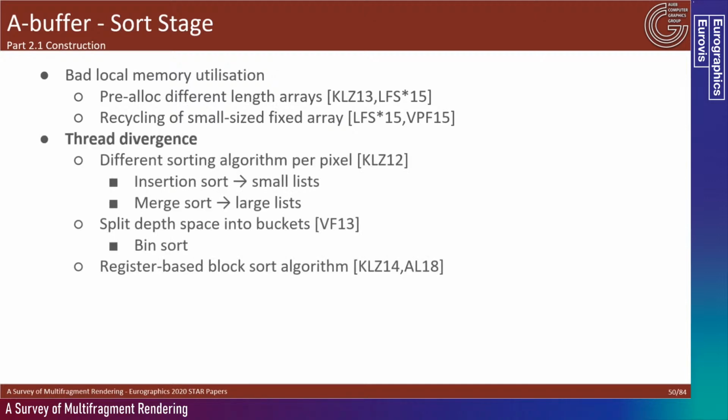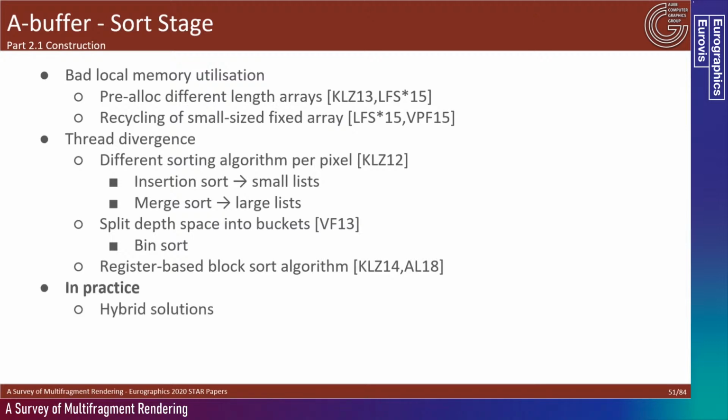To reduce the thread divergence, researchers proposed altering the sorting algorithm on a per pixel level based on the list length, or have exploited other sorting approaches like bin sort or register based block sort.